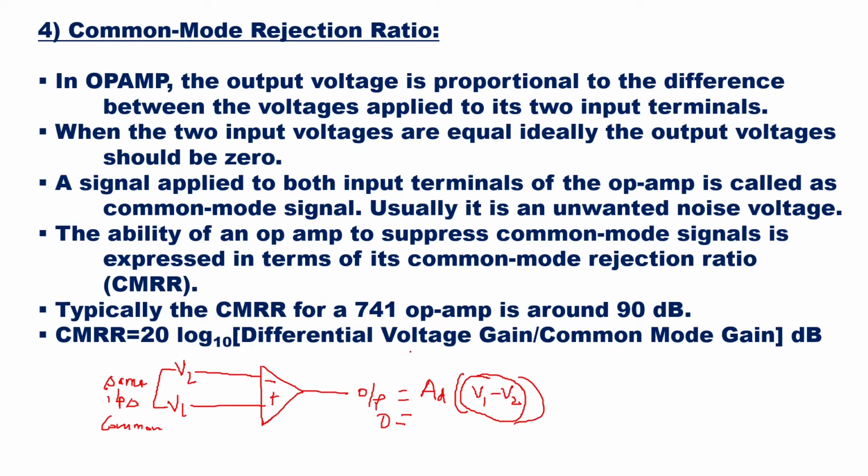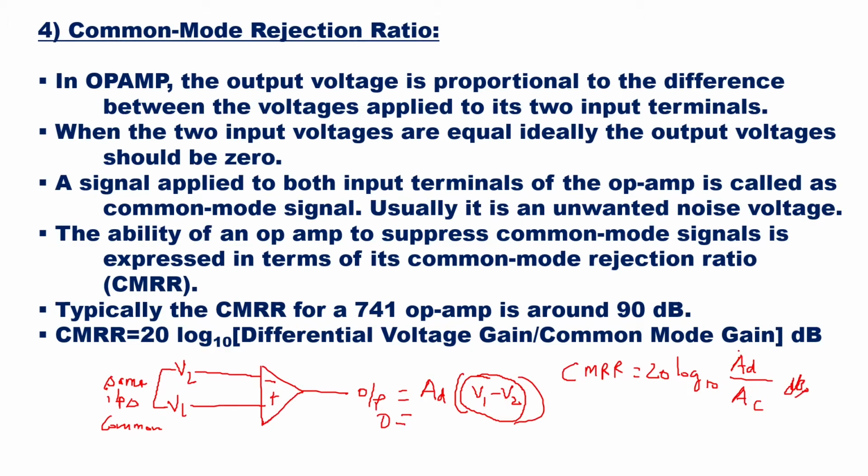So you can write CMRR as 20 log to the base 10 of the ratio of differential voltage gain upon common mode gain, in decibels.